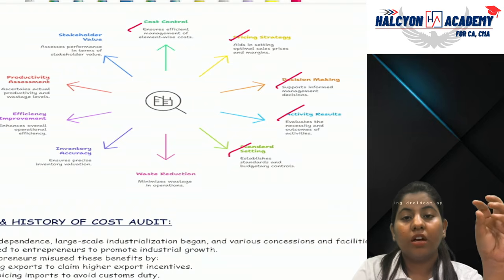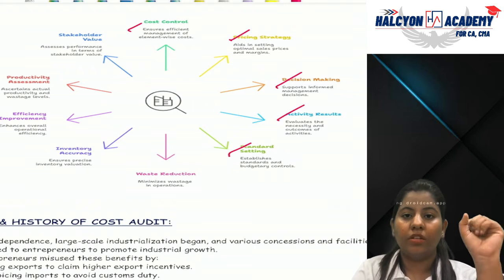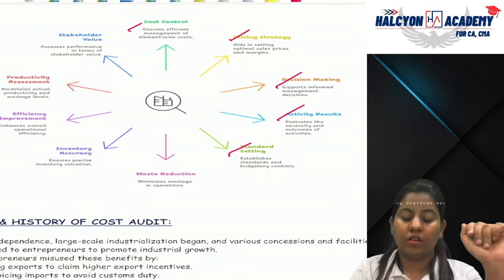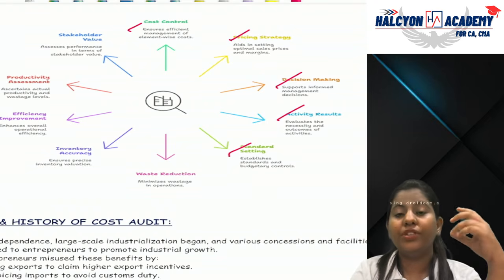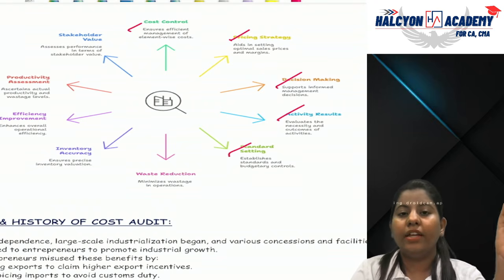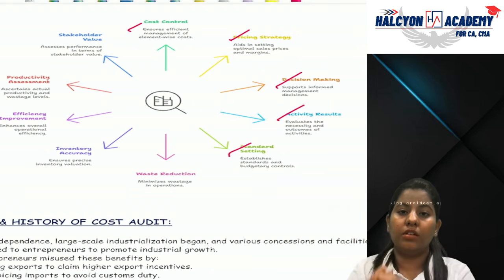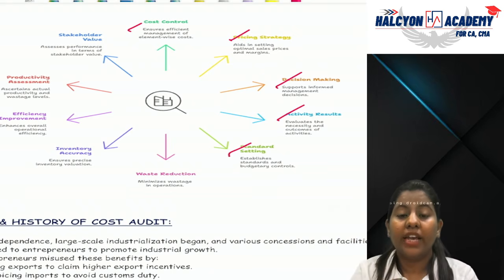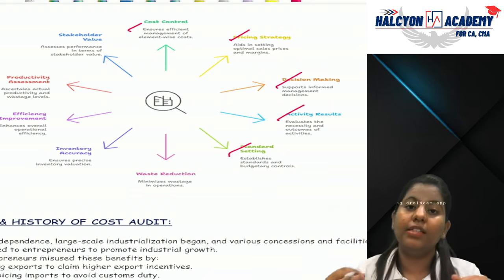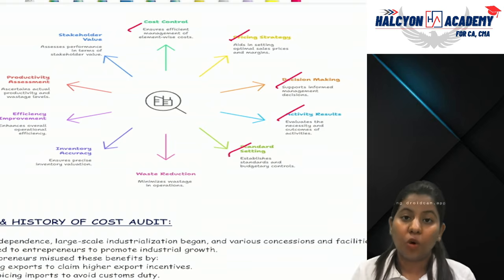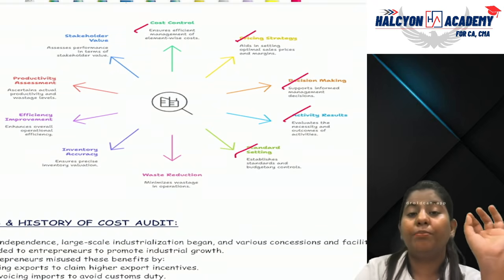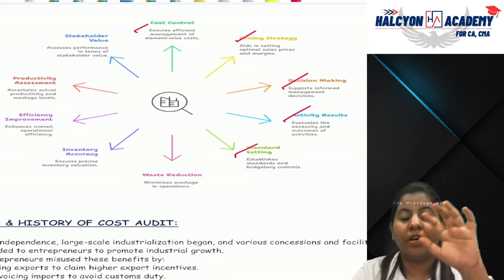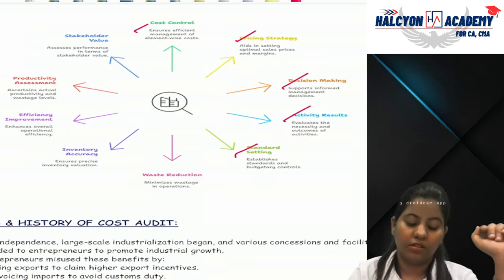So there is wastage of time. There is inefficiency, which is spotted. How? Because we have set a standard, and when we compare it with actual results, we get the areas where there are inefficiencies, where there is wastage of time and all. So the cost audit establishes standards and budgets, which helps to compare with the actual performance.